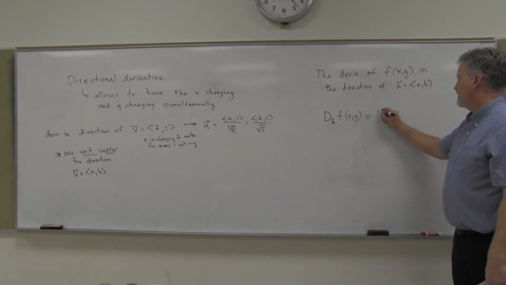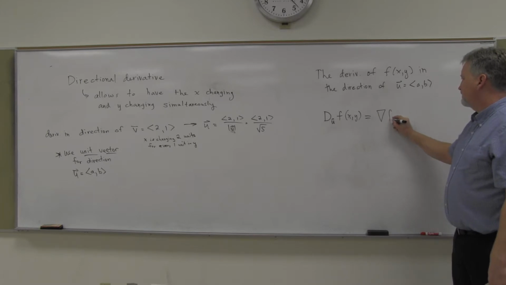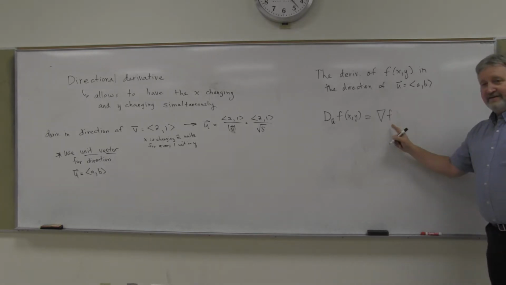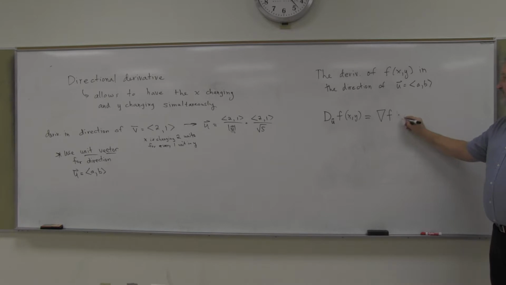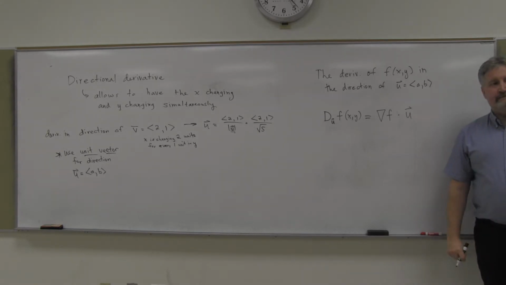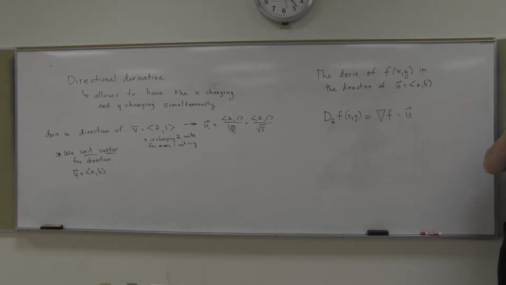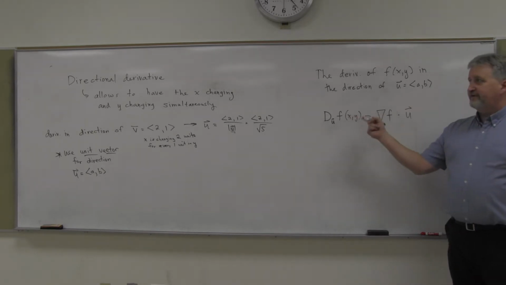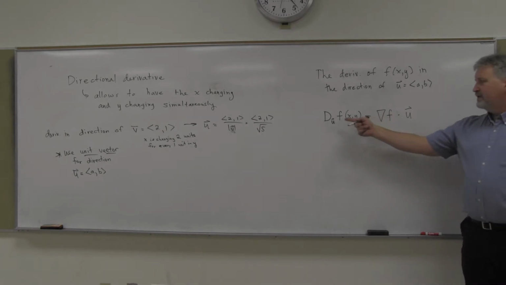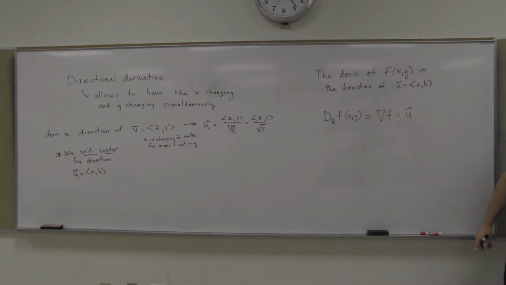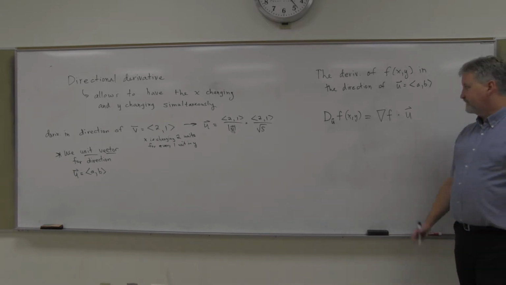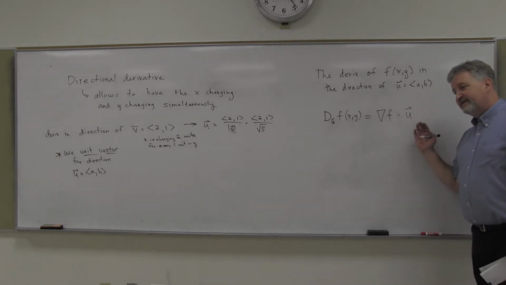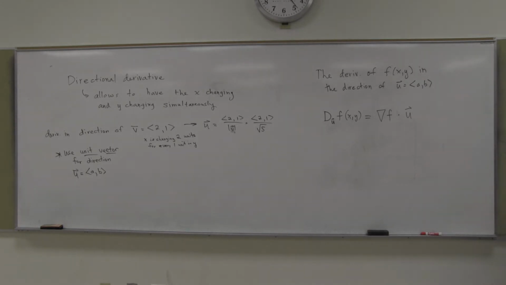It's the gradient of f dotted with our unit vector. So that's the so-called directional derivative formula. It's a dot product, and you're going to use the gradient of f. Like I said, this is one use for that gradient vector.